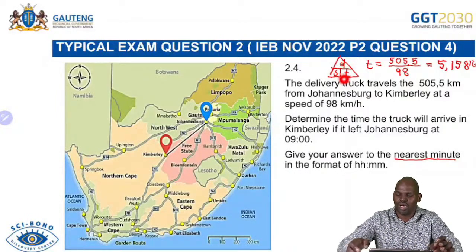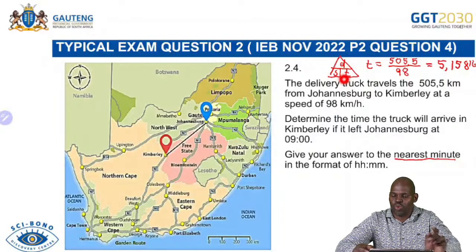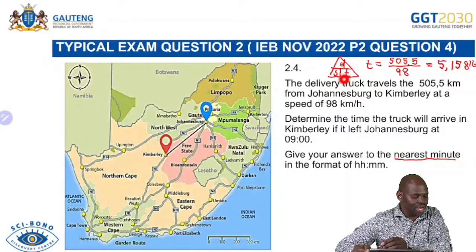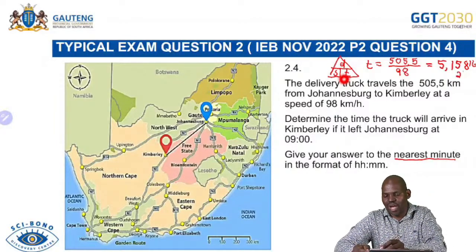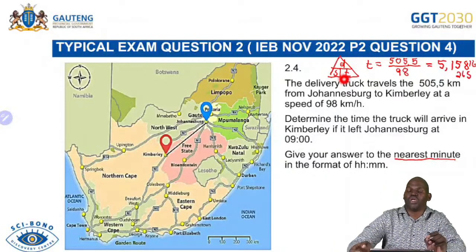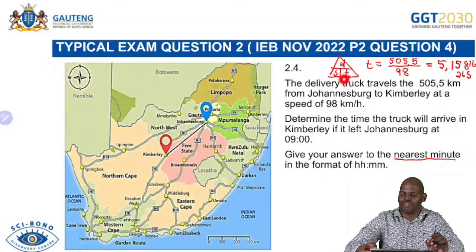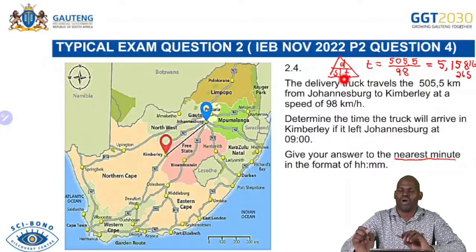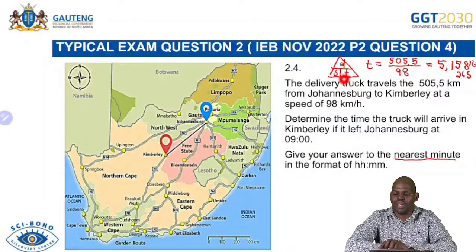So this one is 5.158163265. Please check with your calculator as well. Now, if you look at the format of the time, we've got 5 hours.